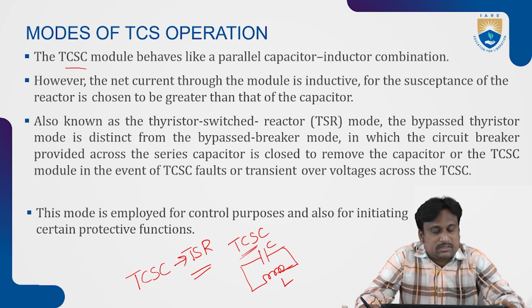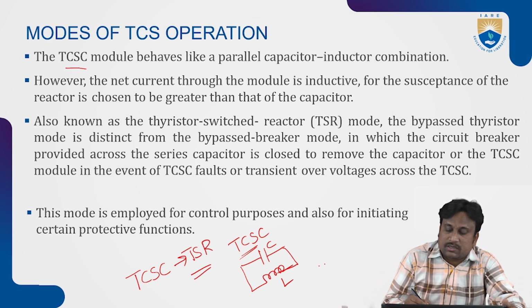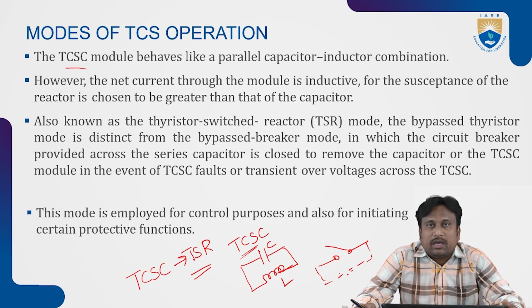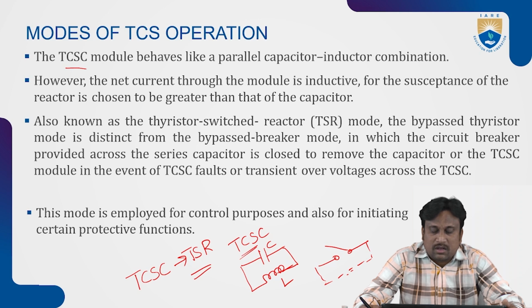Bypassed thyristor mode is different from bypassed breaker mode. In bypassed breaker mode, a circuit breaker is provided across the series capacitor, which is closed to remove the capacitor or TCSC module in the event of TCSC faults or transient overvoltage across the TCSC connection.